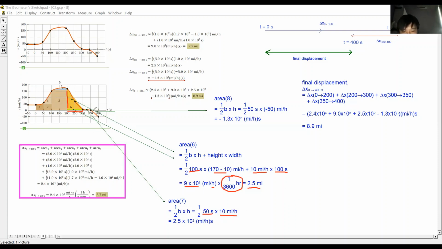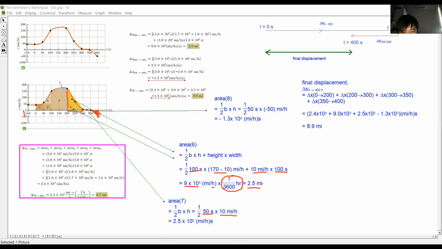Okay, the last area is this part, the right angle triangle, which is below the x-axis. This right angle triangle here has a height of negative 50 mile per hour, from 0 to negative 50.